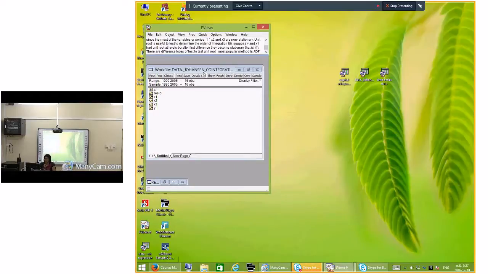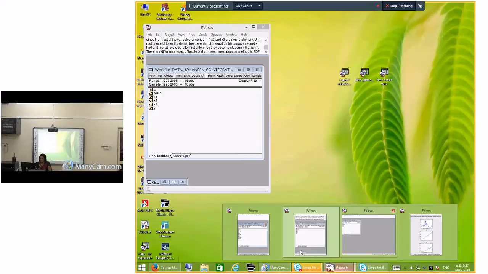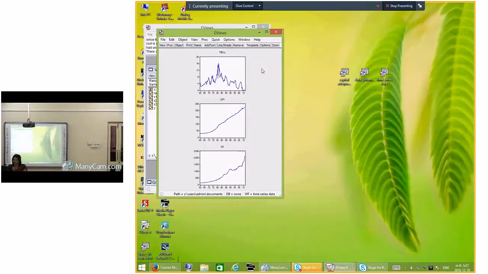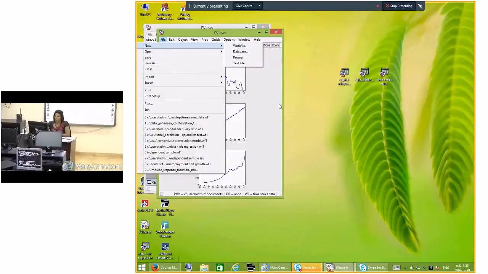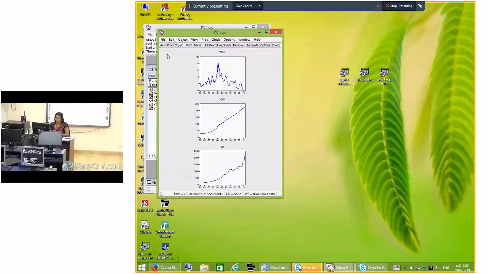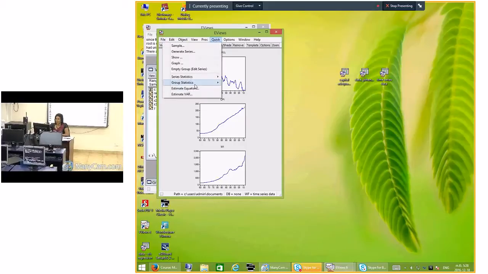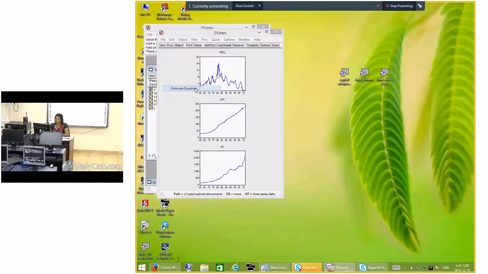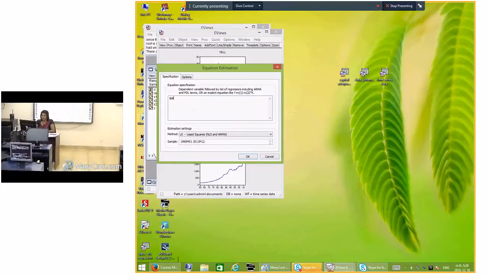First go to quick and estimate the equation as it is: treasury bills, CPI and M1.